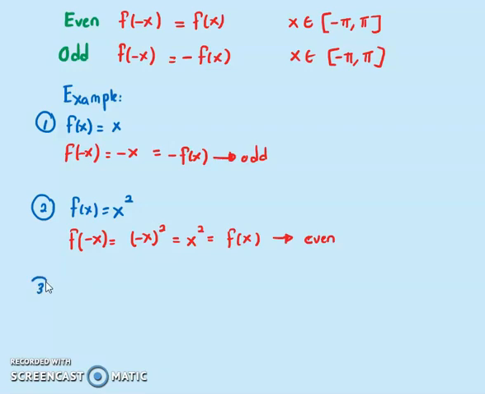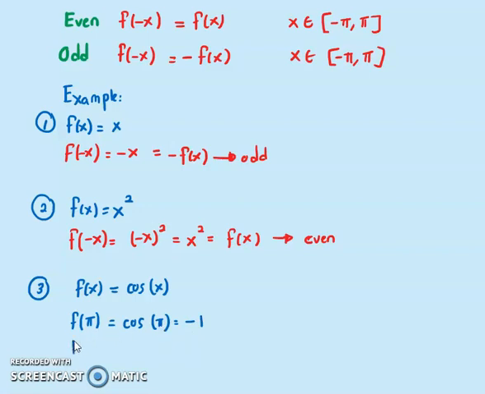Let's look at another example. f of x equals cos x. When it involves cos x, if you don't know whether it is even or odd, what we can do is substitute a value. Let's put x as pi. f of pi gives me cos pi, which is negative 1.